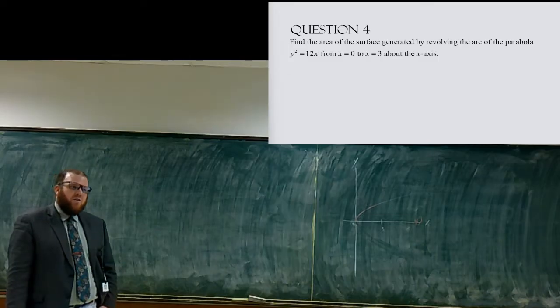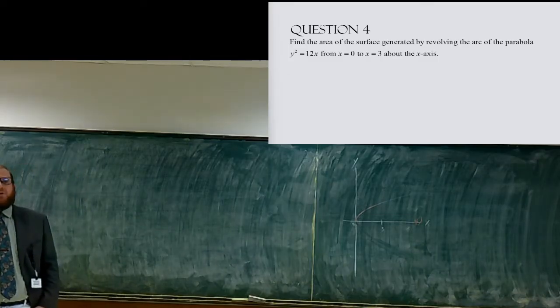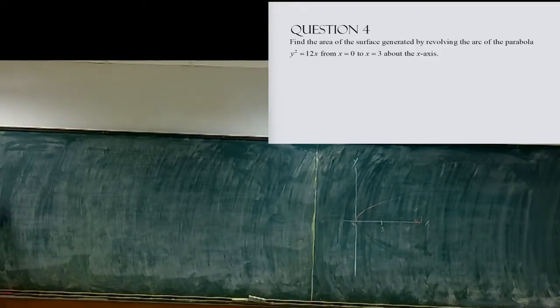I just removed the lower half. It's the exact same shape. So y squared equals 12x. Without loss of generality, we can just say y is the square root of 12x. I could also do negative square root of 12x and get the exact same thing.